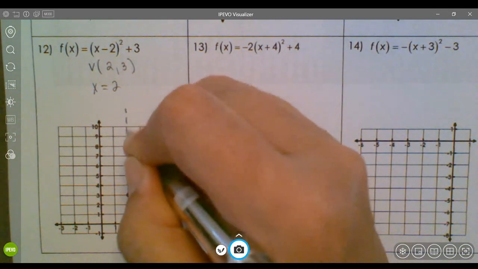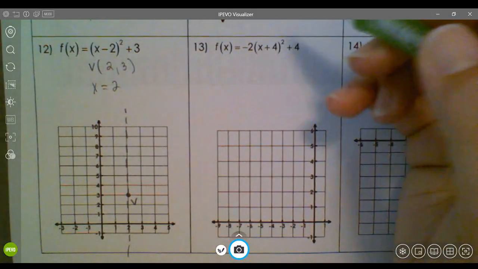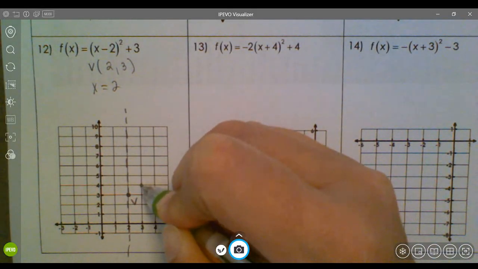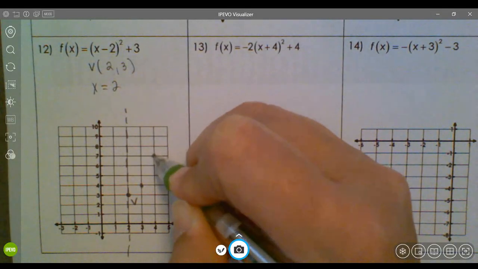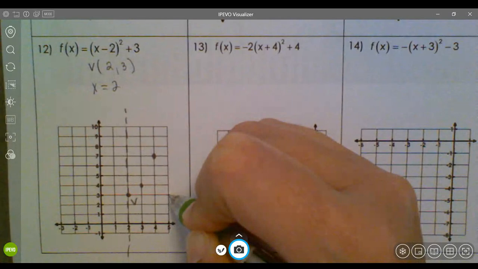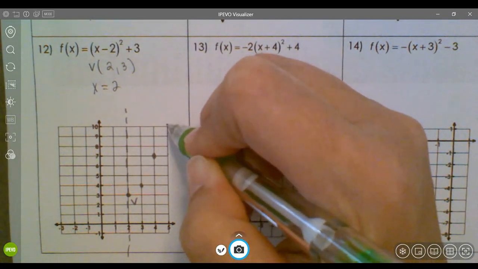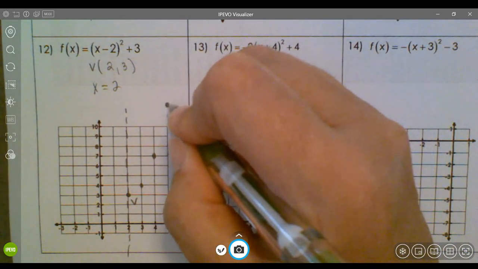My axis of symmetry, this is where I get my BOGOs. So from my vertex, right 1, up 1, right 2, 2 squared is 4. I could go right 3, then go 9. 1, 2, 3, 4, 5, 6, 7, 8, 9. I could go there. And I may just put that there.